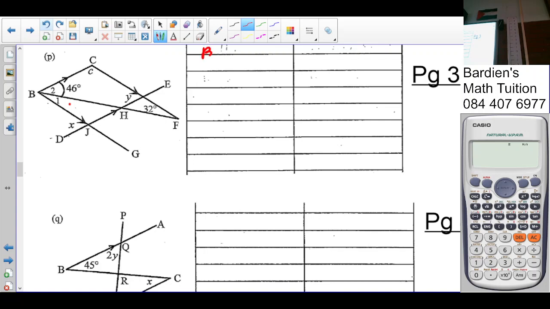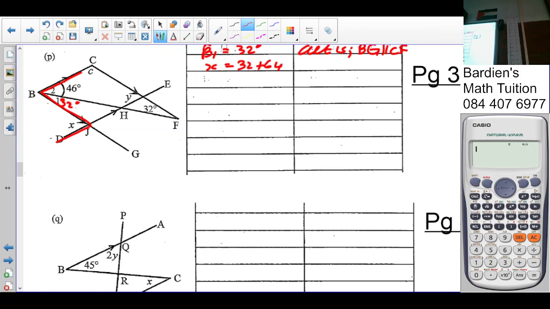Angle B1 is equal to 32 degrees. Why? So alternate angles with BG to CF. So we said X is equal to 32 degrees plus 46.